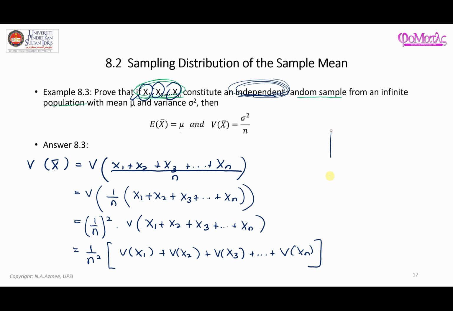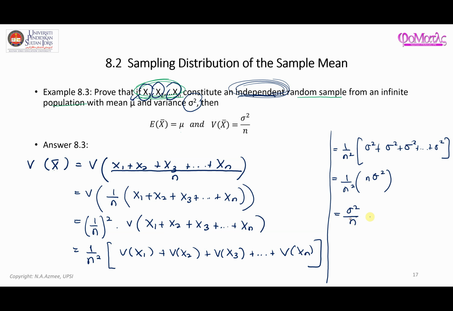We know all these random variables have the same variance, given by sigma squared, since they come from the same population. So here we have sigma squared plus sigma squared plus sigma squared, and it happens n times because we have n random variables. Therefore the result can be written as 1 over n squared times n sigma squared. You can cancel out n with the one at the bottom, so you are left with sigma squared over n, and so you are able to prove the result given here.